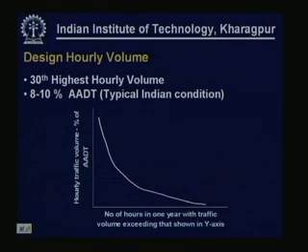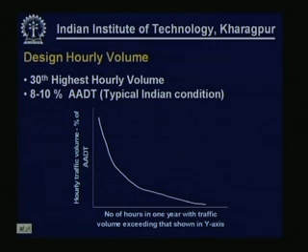Here the x axis shows the number of hours in 1 year with traffic volume exceeding that shown on the y axis. Y shows hourly traffic volume as a percentage of AADT.